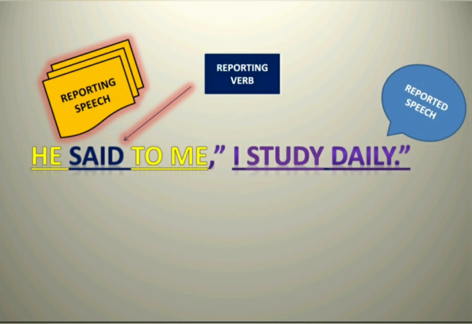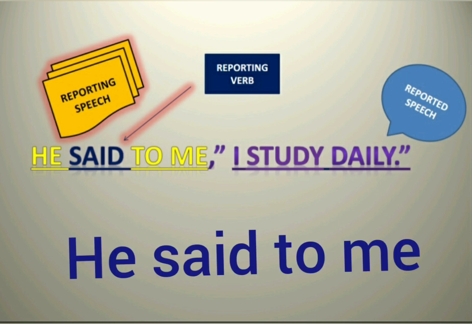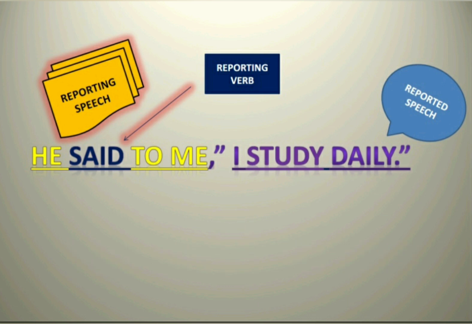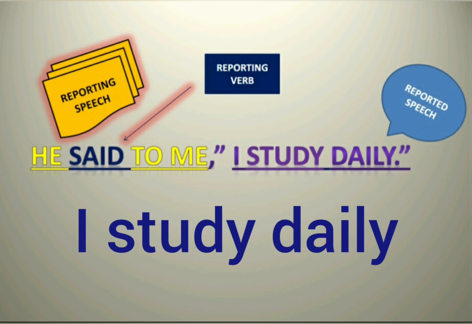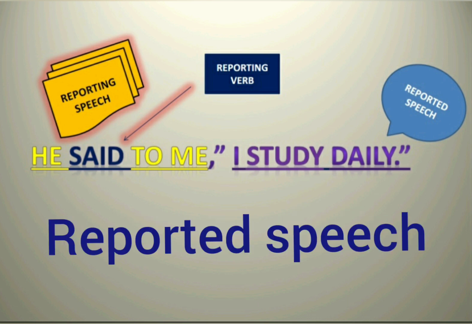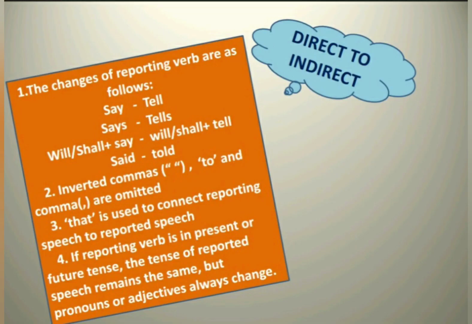What is spoken by the speaker, which is written in inverted commas, is called the reported speech. So, "He said to me" is called the reporting speech, because here he is reporting something to me, meaning he is telling something to me. And "I study daily" is the reported speech, which is being reported by the speaker.